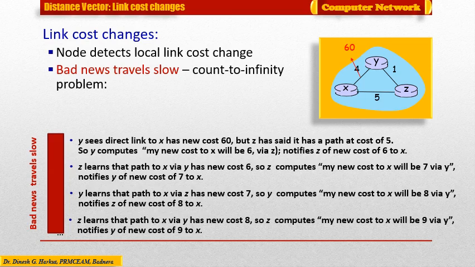At this point, Z will finally determine that its least cost path to X is via its direct connection to X. Y will then route to X via Z. The result is that bad news about the increasing link cost has indeed traveled slowly. If there is a large variation in link cost, such a scenario may lead to one problem, which is sometimes referred to as the count to infinity problem.